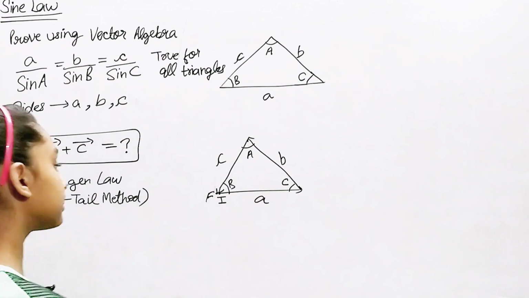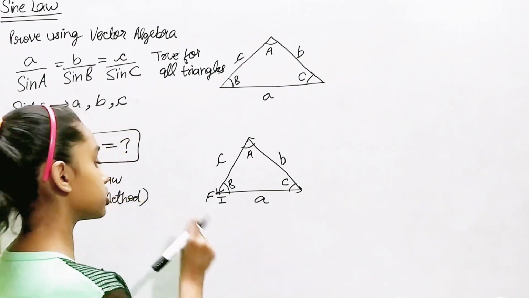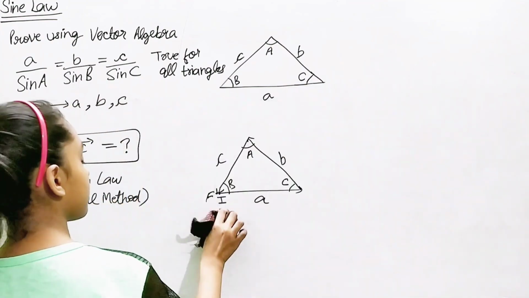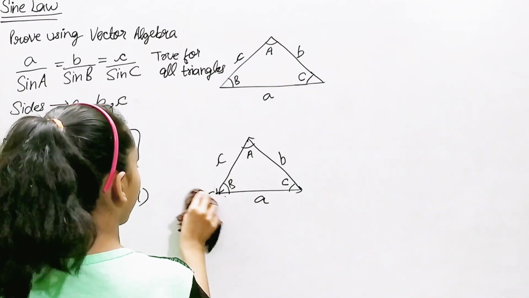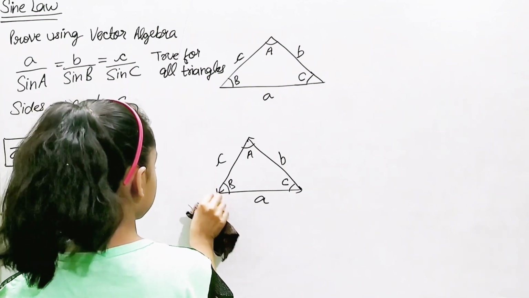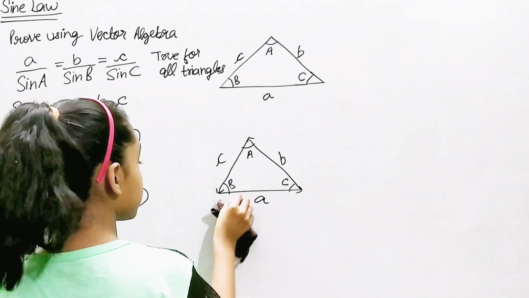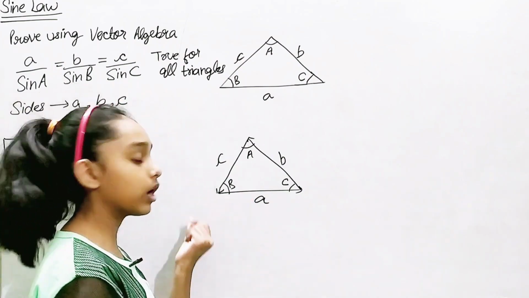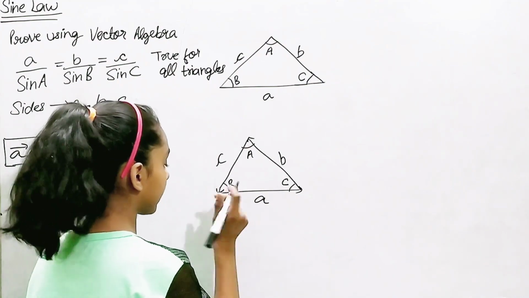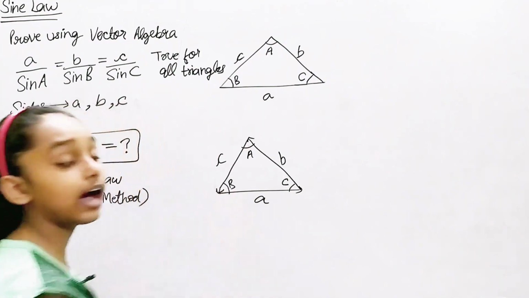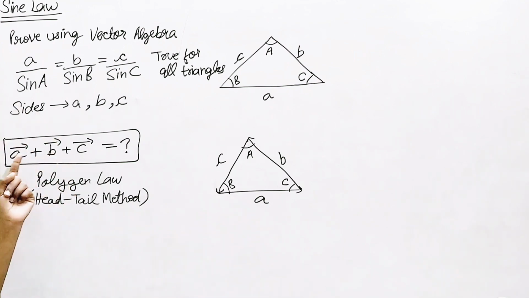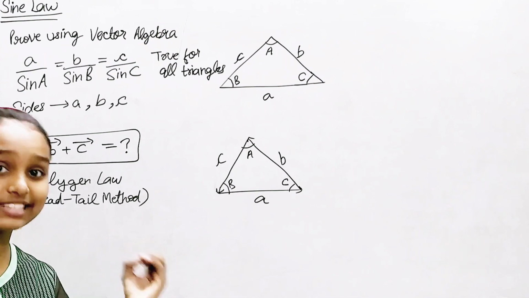The initial position and final position are the same point. Try to understand. So this is how the displacement, or the sum of vector A plus vector B plus vector C, will be 0.